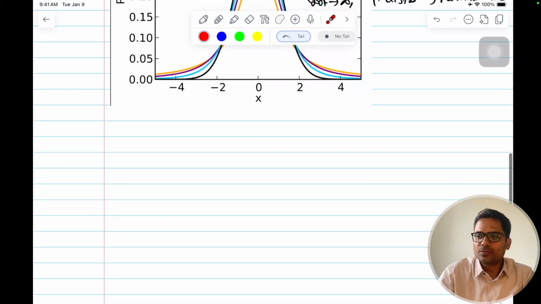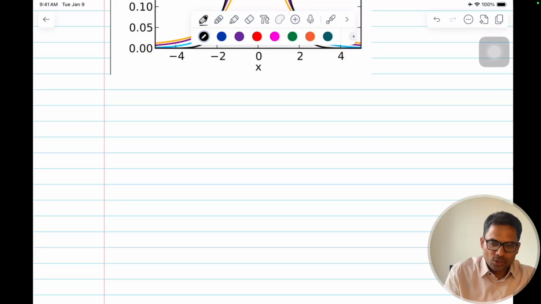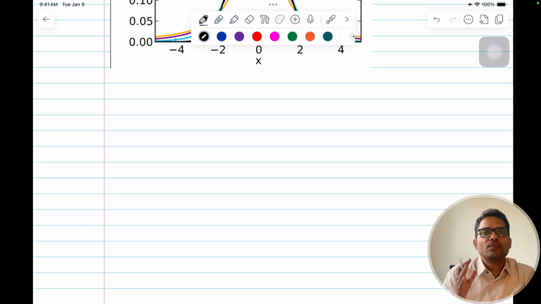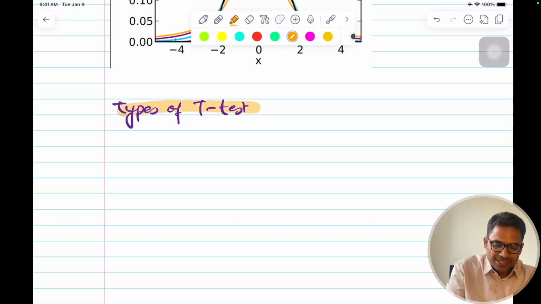Now let's move to the test. What are the types of t-test? I've told you earlier there are 3 types, but mostly 2 are very popular, and I'm going to discuss those in detail with examples. First, as I mentioned earlier, is the one sample mean t-test.